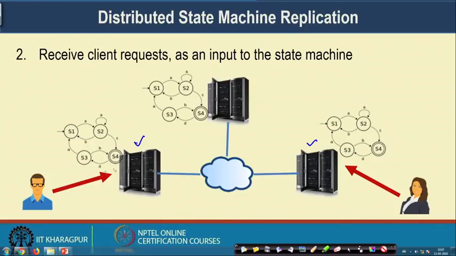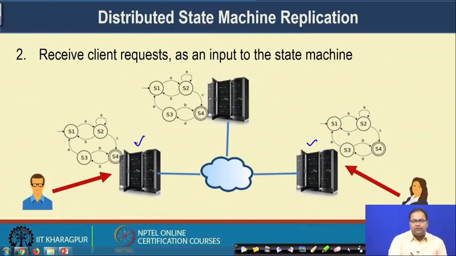Here you reach a state where Bob has transferred the money, here you reach a state where Alice has transferred the money, but collectively you have to ensure that all three servers reach a state after a certain time where both Bob and Alice have transferred their share of the money.